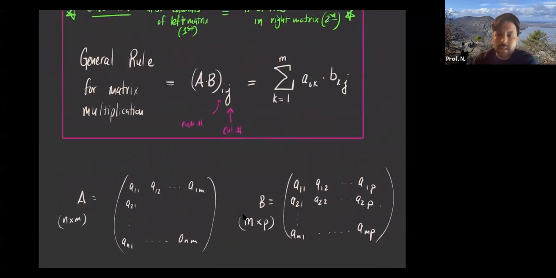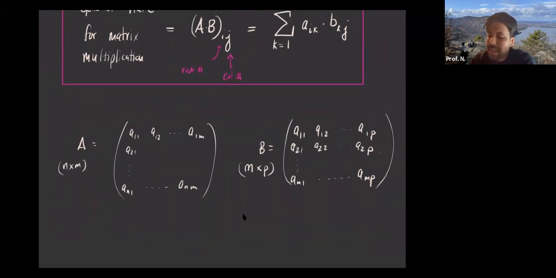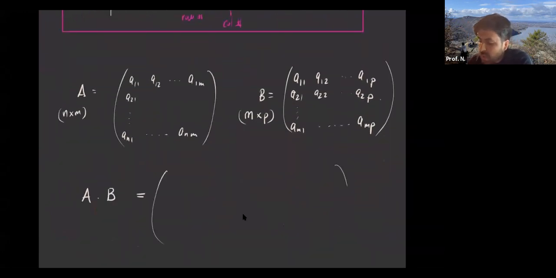I have a matrix that has a size of n by m, n rows, m columns. The matrix that I'm multiplying by has m rows and p columns. So then when I multiply A times B, for example, and I want to know what the entry is, this should be B's, not A's, because I'm using the B matrix.